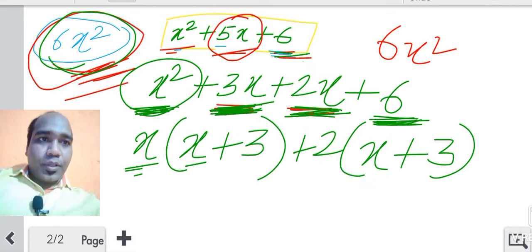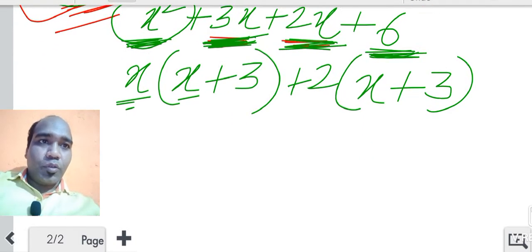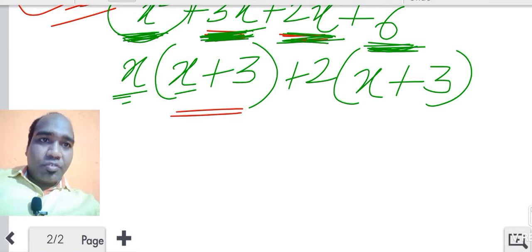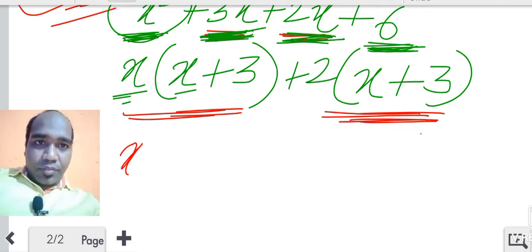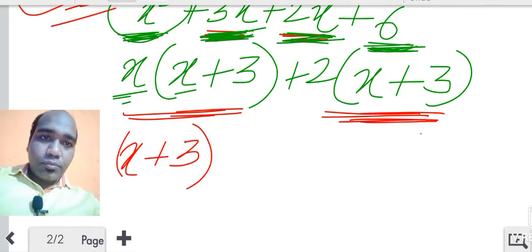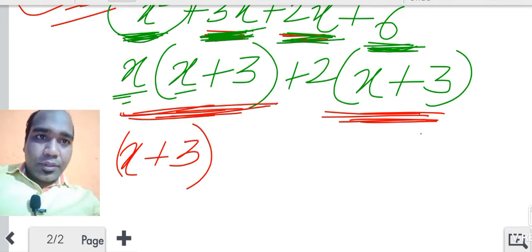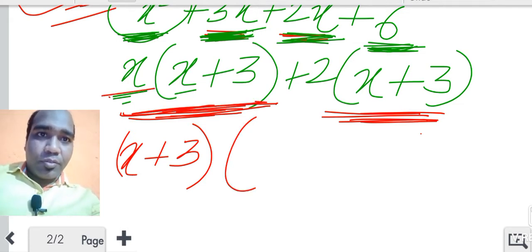So we have approached this one. Now look at both the expressions, x plus 3 and x plus 3. In both terms x plus 3 is common, so we take x plus 3 common. In x into x plus 3, the x plus 3 is multiplied with x, so we write x here.